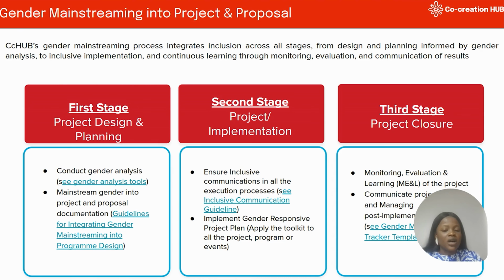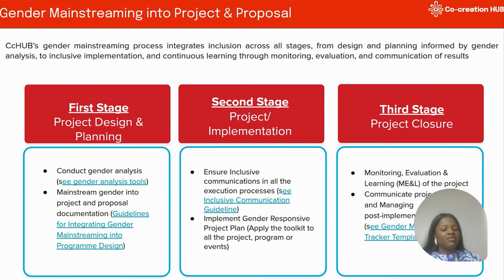Once the project proposal documentation gets to the phase by phase approach of the project, use the guidelines for integrating gender mainstreaming into program design. During the implementation phase of the project, ensure inclusive communication: doing awareness, communication with partners, communication with stakeholders, participants, and ensure inclusive communication guidelines.